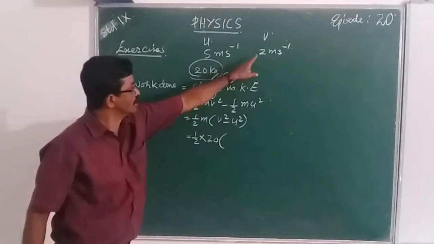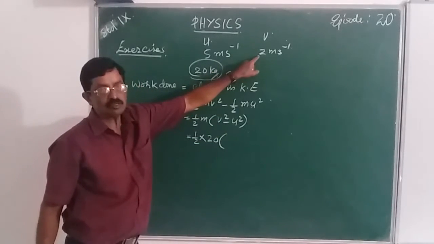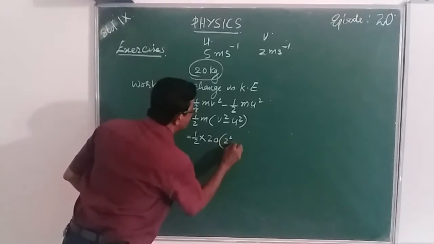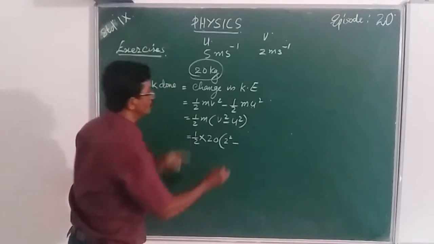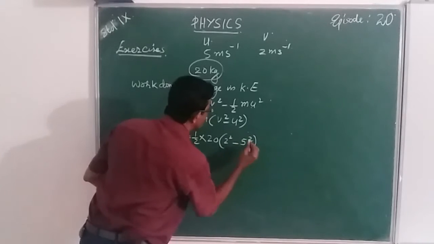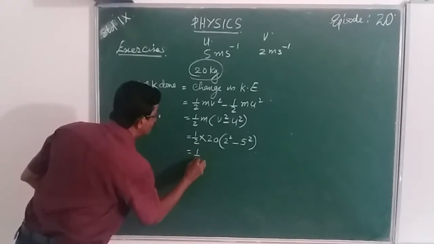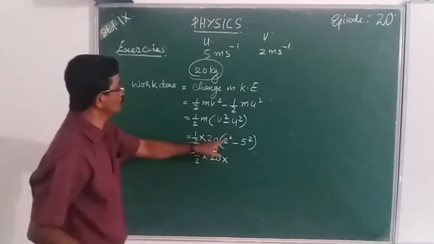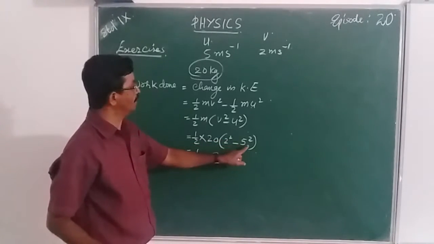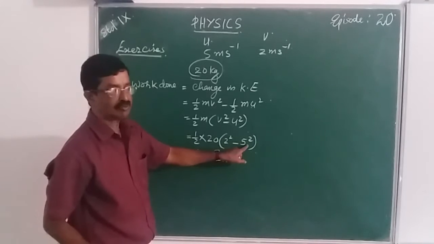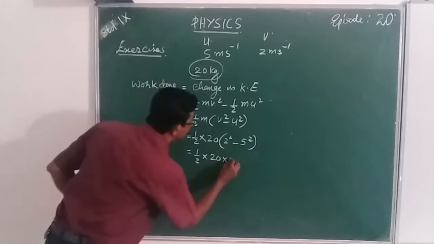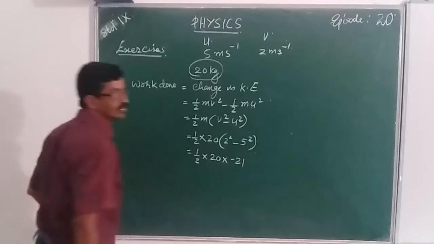So v square, that is v is 2, so v square is 2 square, minus u is 5, so 5 square. That is equal to 1 by 2 into 20 into 2 square is 4 and 5 square is 25. 4 minus 25, that is equal to minus 21.